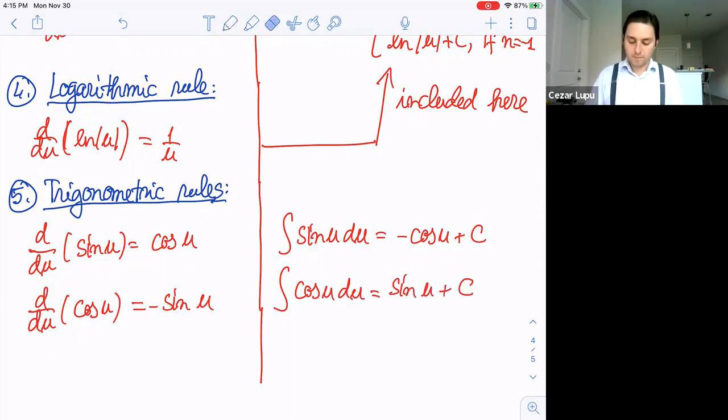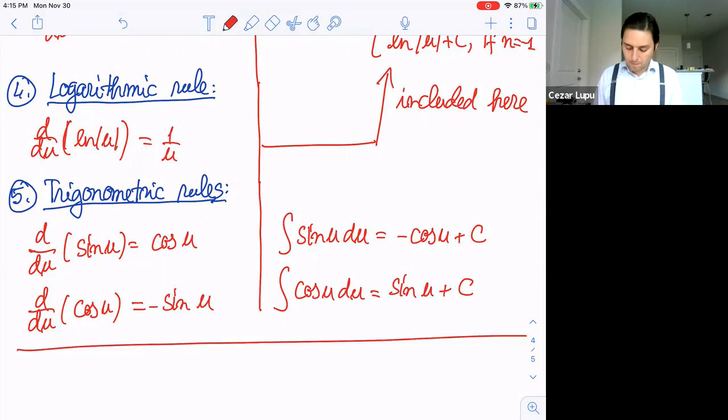Okay. So that's what you need to know. And like I said, for inverse trigonometric functions and for the other trigonometric functions such as tangent, cotangent, secant, cosecant, you can look them up in the notes. All right, now let's do some examples.